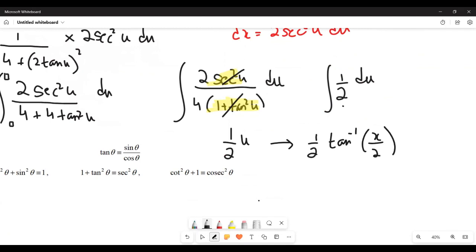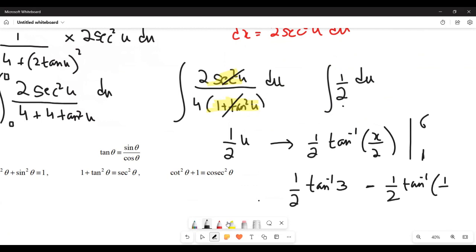Now I'm going to substitute the limits of x, which were 1 and 6, I believe. So we get half tan inverse 3 minus half tan inverse half. Whatever the answer of this is, that's the answer.